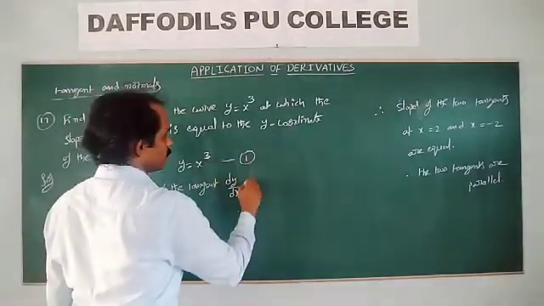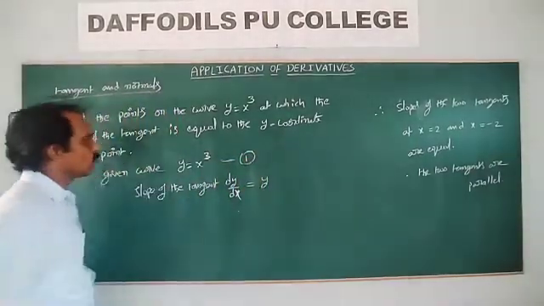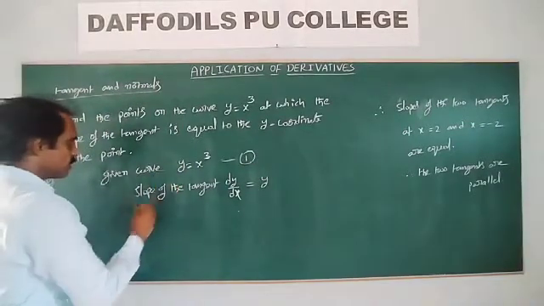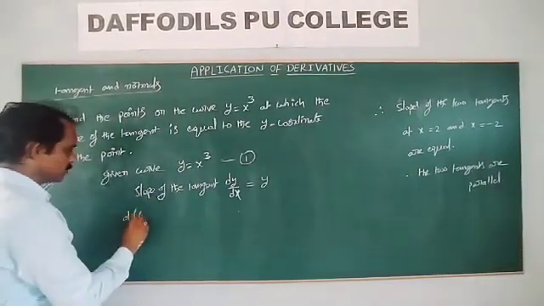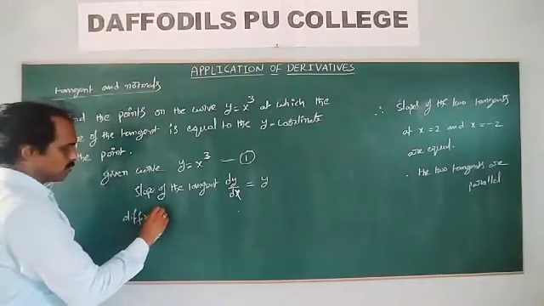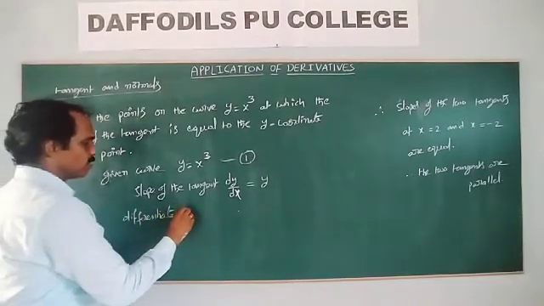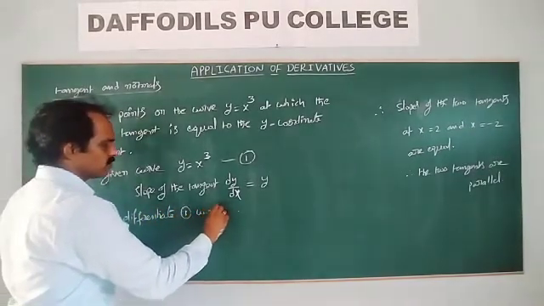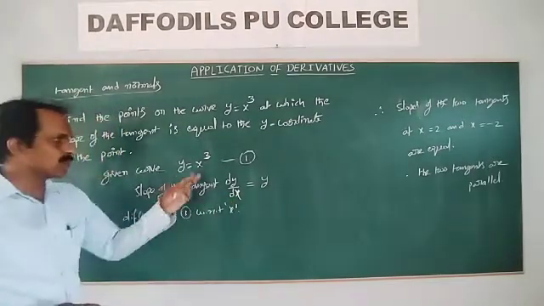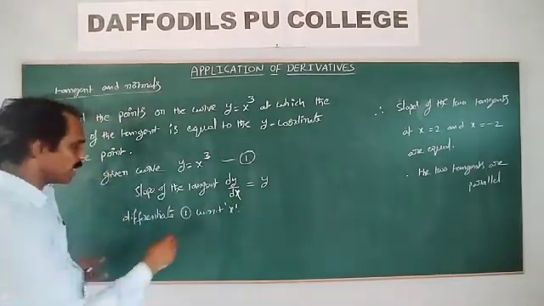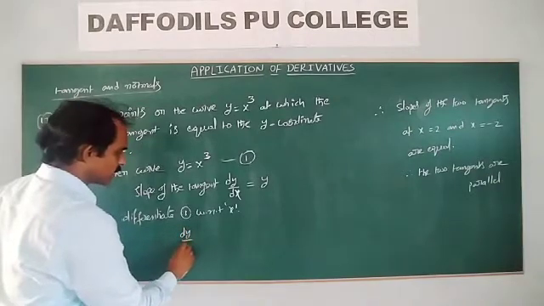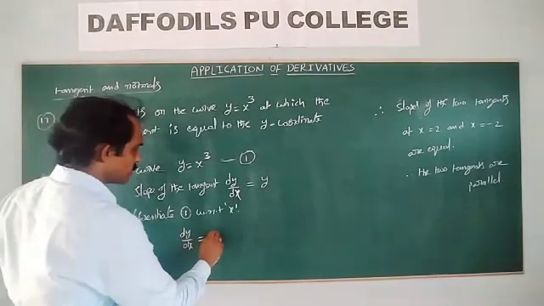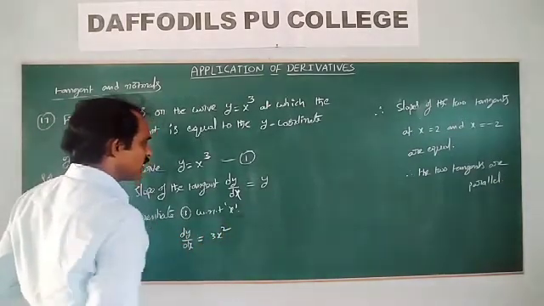Differentiate equation 1 with respect to x: dy by dx is equal to 3x square.